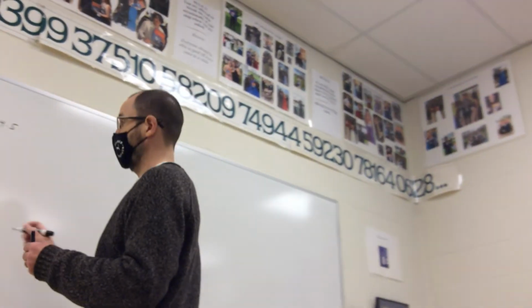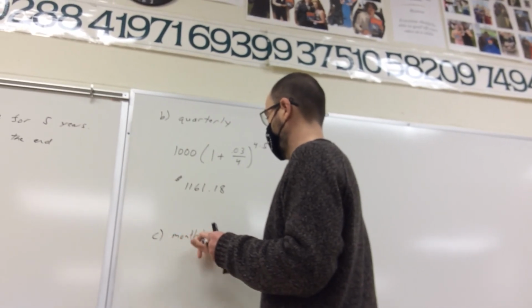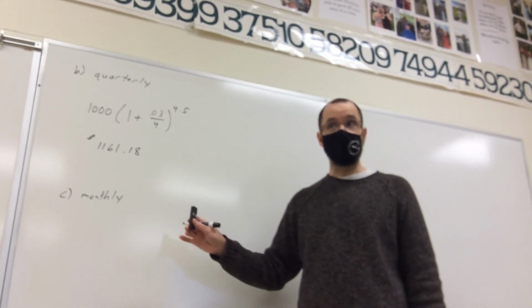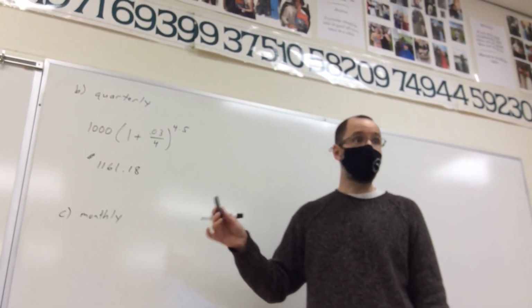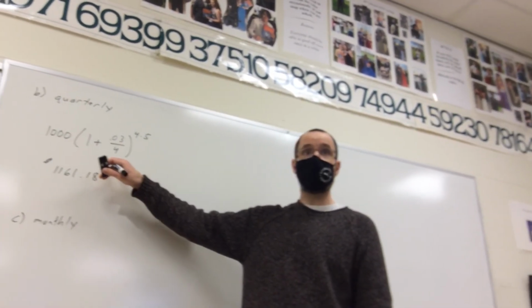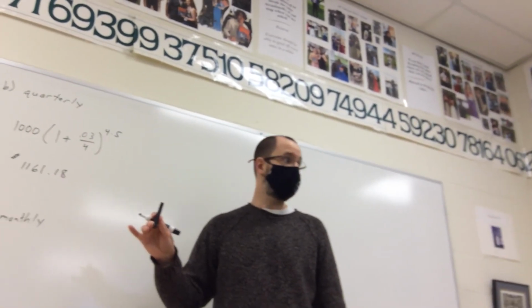All right, so now we're going to compound monthly. So this is going to give us just a little bit more money, right? Because in this problem, you only had $1,000 for the whole first 3 months.